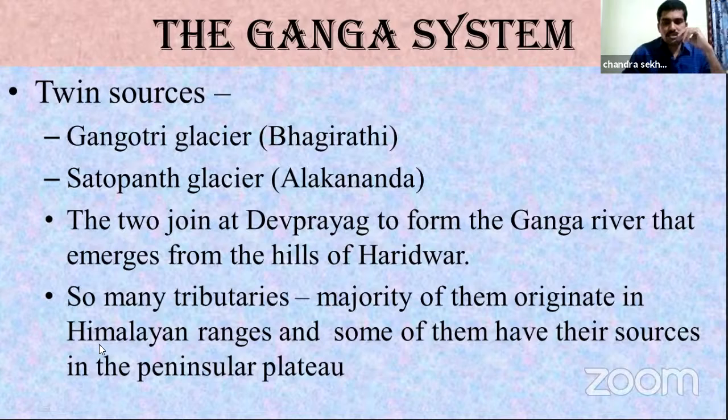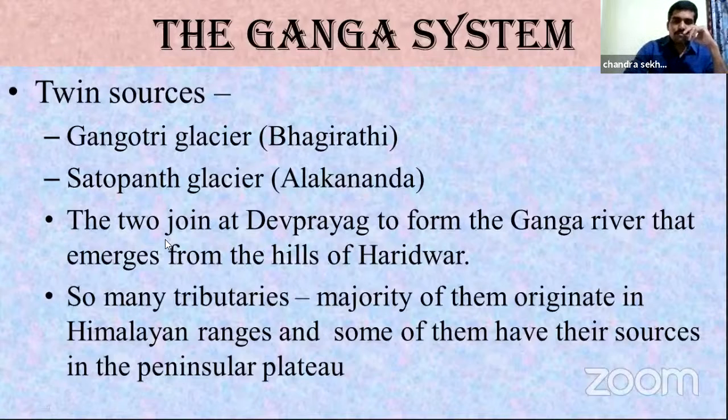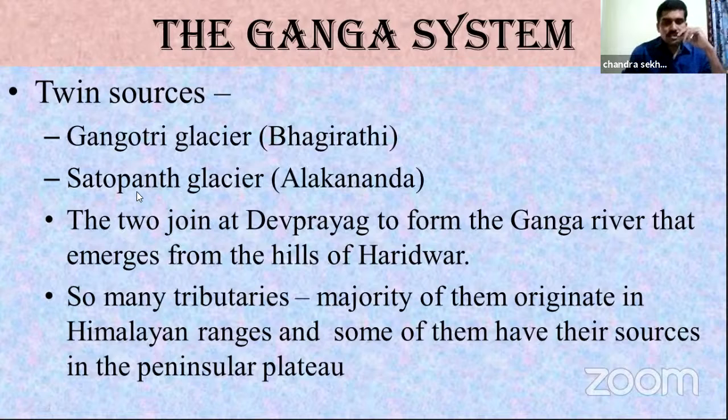Maximum tributaries come from Himalayan regions. This is the oldest river. This is a holy river for us Indians. It is a combination of two small streams, Bhagirathi and Alakananda, which join at Devaprayag. From Devaprayag onwards, this river is called the Ganga river.